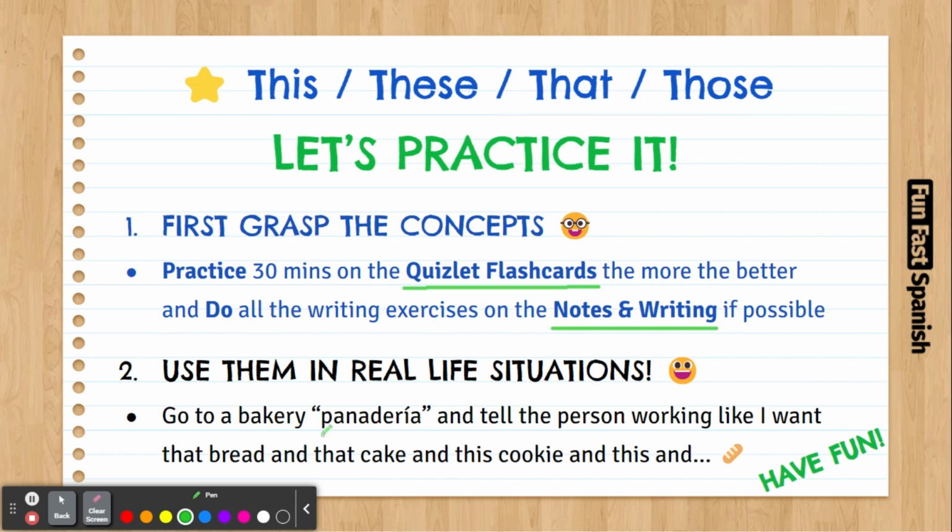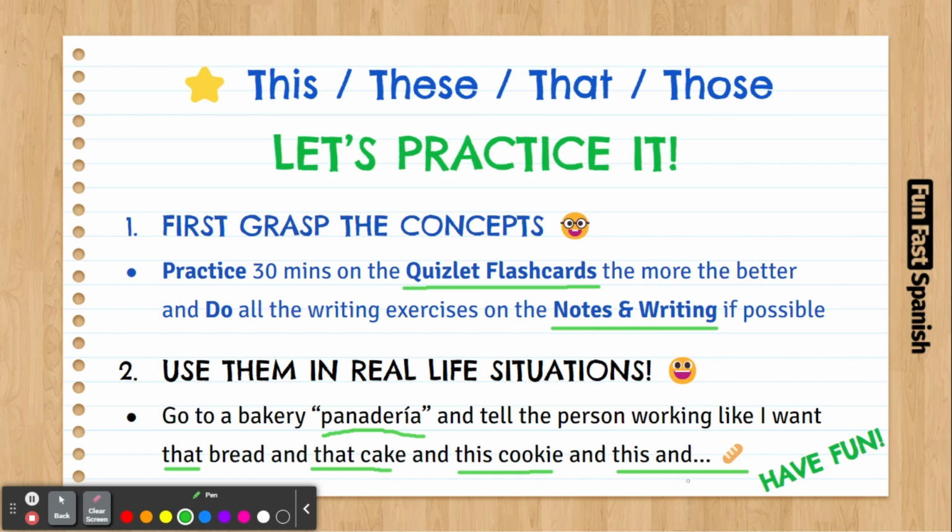It's called panadería. And just talk to the person behind the counter. Say, I want that bread and that cake and this cookie and this baguette and whatever else you want to buy.